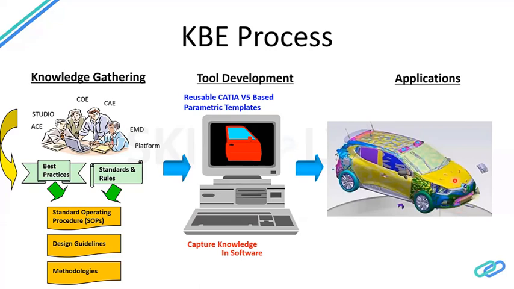It's a combination of vehicle exteriors, interiors, seats, BIW, closures, doors, and roof. Every segment of the vehicle is developed by individual teams, and individual teams will have their own design standard operating procedures, design guidelines, and methodologies.